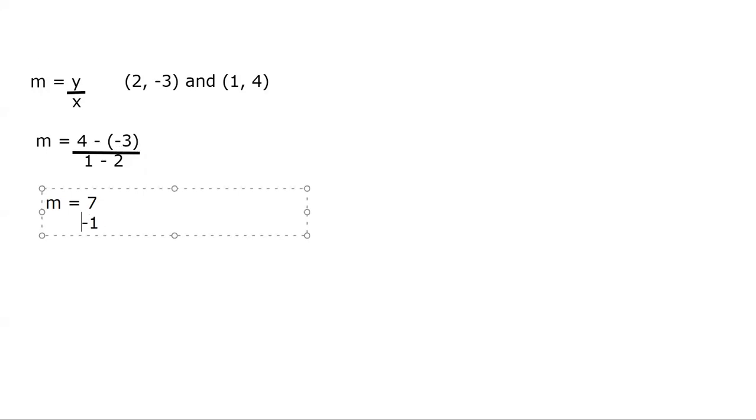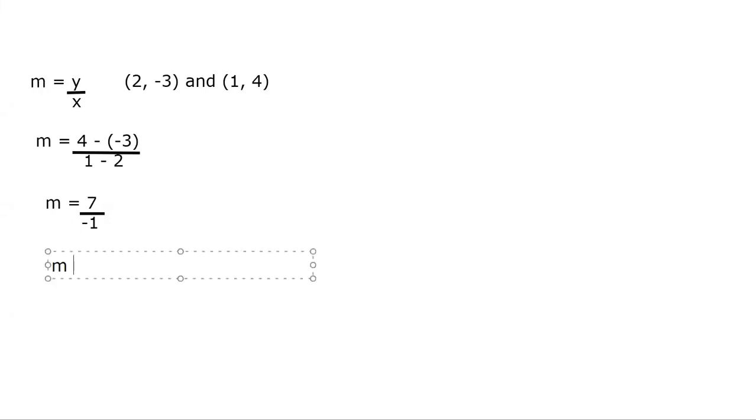I have negative here. So what is going to be my slope? My slope is going to be -7, right? Because I have positive here and the denominator is negative. So the slope of this is going to be -7.